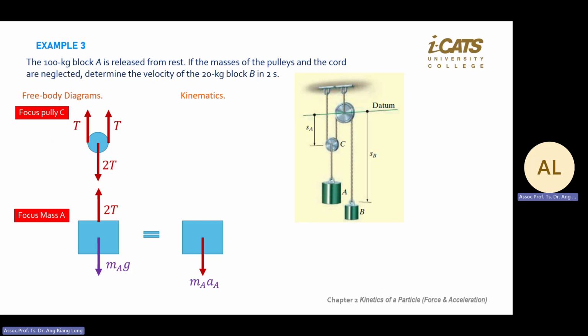How you get 2T, usually it doesn't make sense if you straight away write 2T. It doesn't make sense on the first reading, right? Okay, and then because of the pulley system, remember to put in one more marking. Datum for A is go down positive because the datum arrow goes down positive.